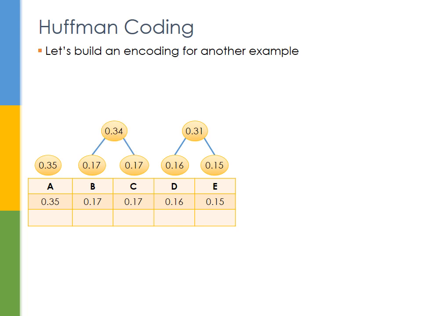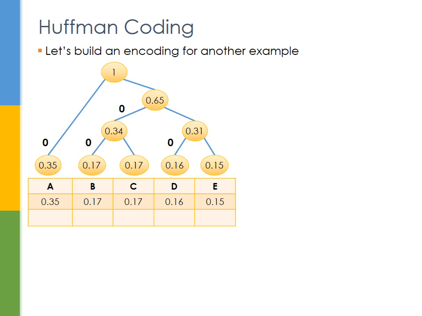Next, we merge the trees for symbols B and C, which have the lowest remaining probability values of 0.17 for each of those, into one parent node with a cumulative probability of 0.34. Next, we merge 0.34 and 0.31 to create a parent node containing the cumulative probability of 0.65, and then the final 2 nodes that we merge create a parent node with a cumulative probability of 1.